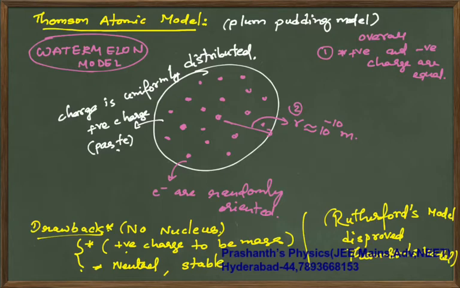So the positive charge containing mass much greater than electrons is not acceptable. He said the atom is stable because the positive and negative charges balance, but that is not correct. So the drawback is there is no nucleus, and the atom is neutral and stable.